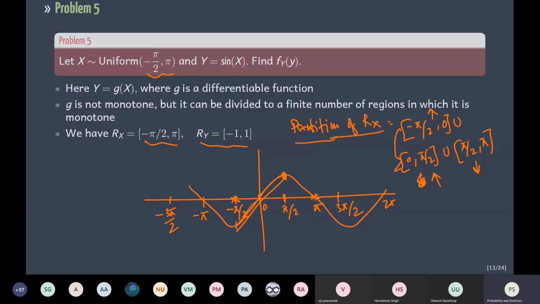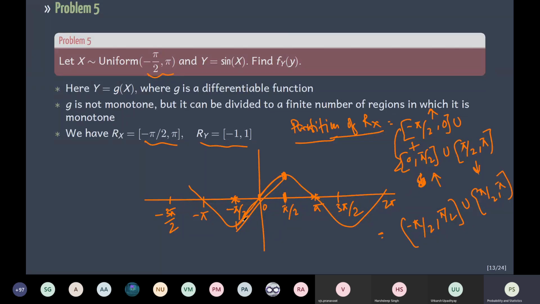Yeah, because it's monotone from minus pi by 2 to pi by 2, so I will combine this. And then from here it's decreasing. So let us combine this and take a union. The actual partition would be minus pi by 2 to pi by 2, where it is increasing, and then the union of pi by 2 to pi. Okay, let us do this.